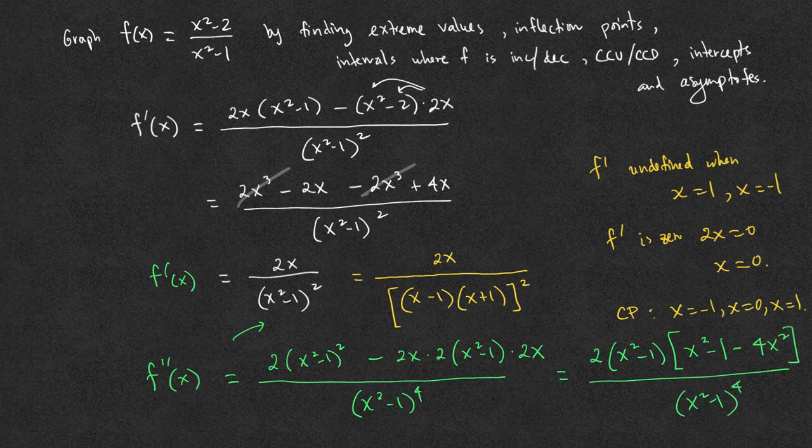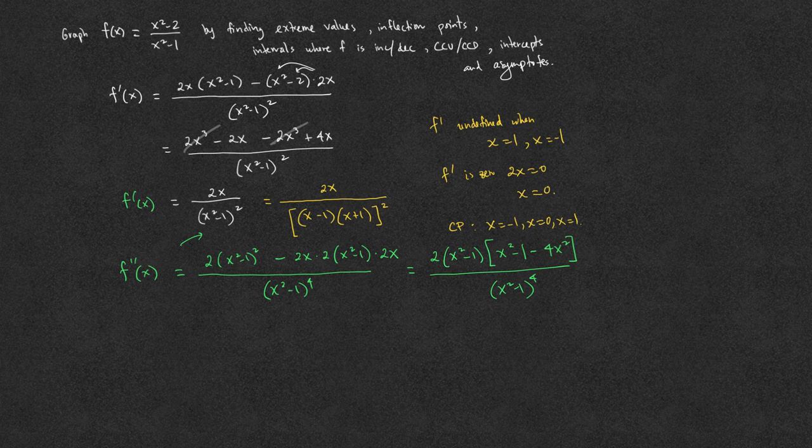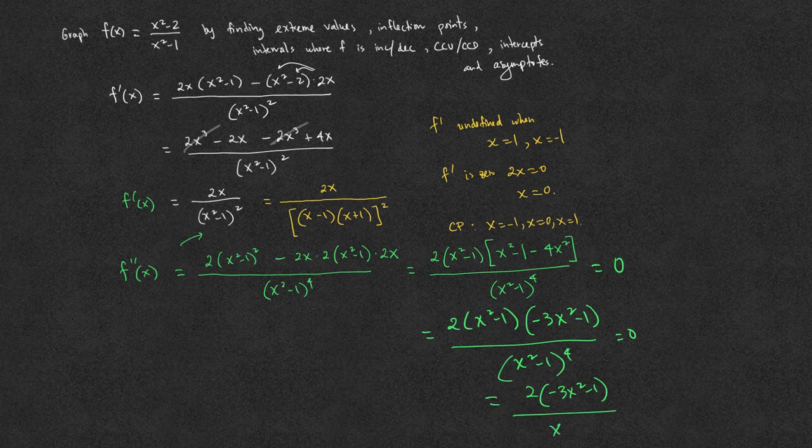We then set f double prime equal to 0 and solve for x, meaning we will need to simplify the numerator. The numerator is 2 times x squared minus 1 minus 4x squared, which is negative 3x squared minus 1, over x squared minus 1 to the fourth. And we can cancel out a factor of x squared minus 1. So the numerator is now 2 times negative 3x squared minus 1, over x squared minus 1 cubed.